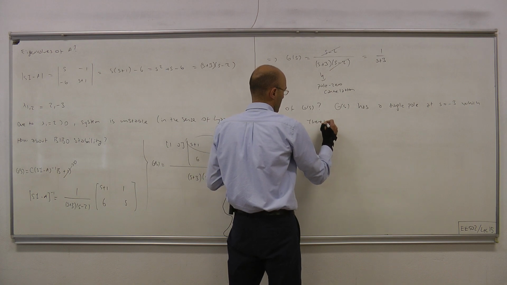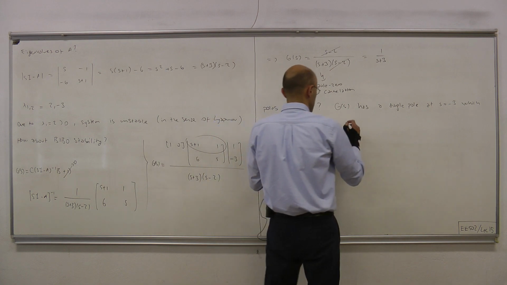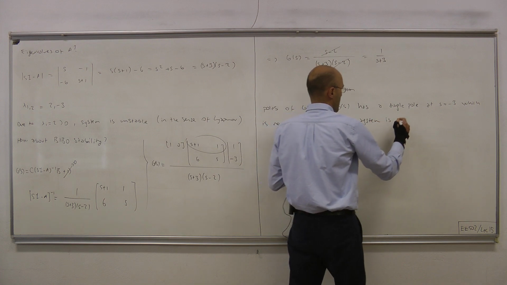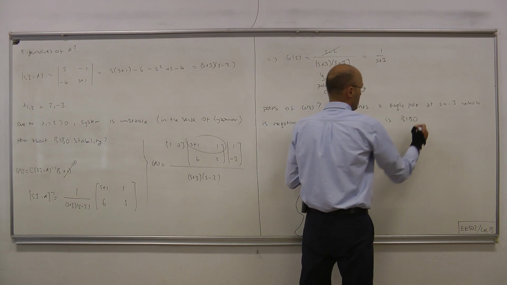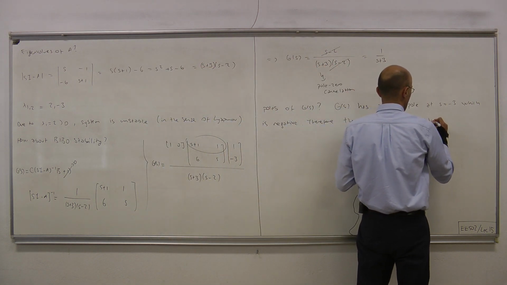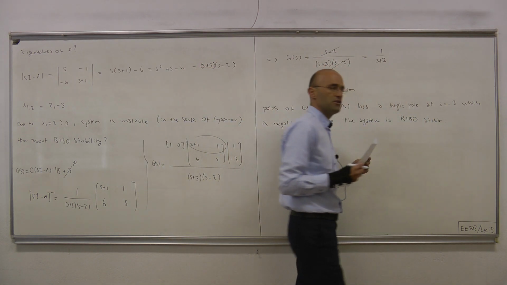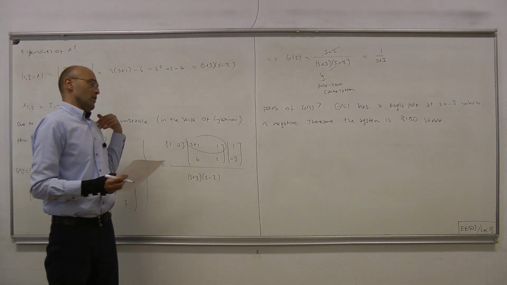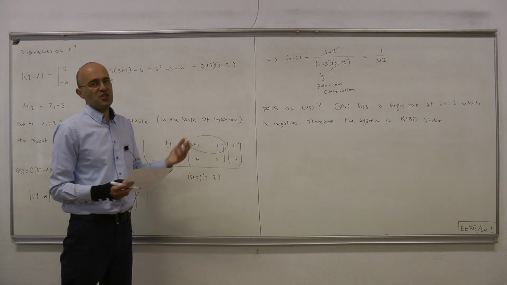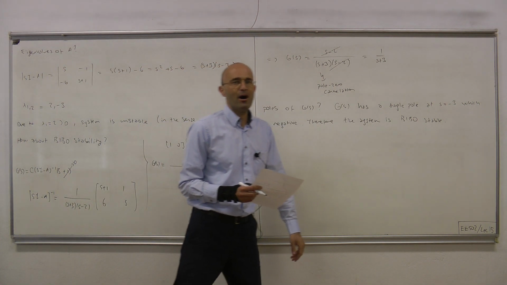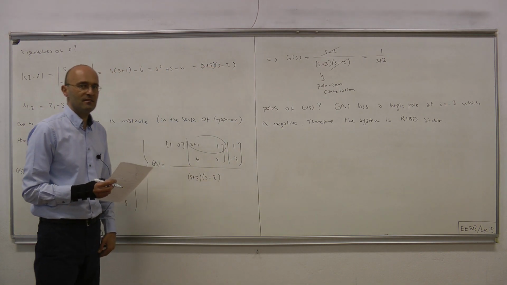Therefore, the system is BIBO stable. That is, if you set all the initial conditions of your system to 0 and excite the system with your favorite bounded input, you will always receive a bounded response at the output.